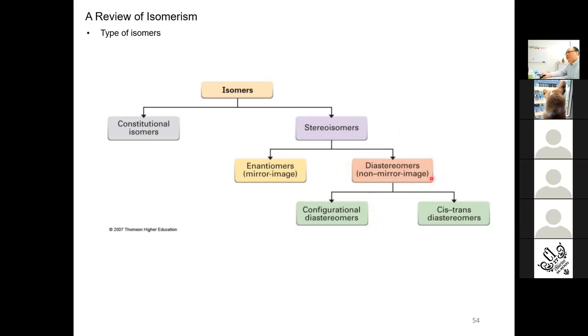And then for the diastereomers, we have cis-trans diastereomers. If you have ring structures, you have different faces: bottom face, top face. And also configurational diastereomers, like RS, SR.